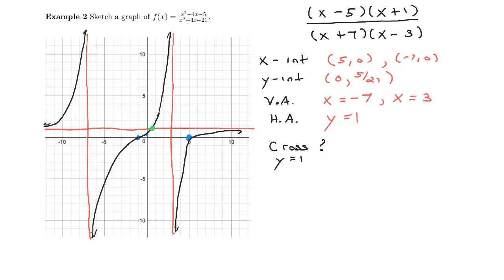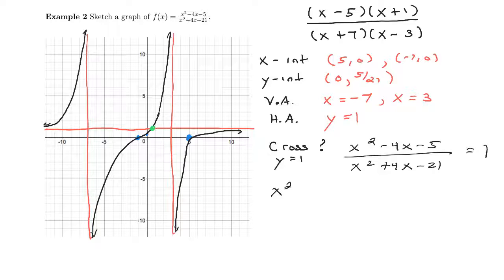And again, our way of doing that was to just take your equation, x squared minus 4x minus 5, divided by x squared plus 4x minus 21, and just set it equal to 1. This will result in a really simple equation because you're just cross multiplying x squared plus 4x minus 21 to both sides.